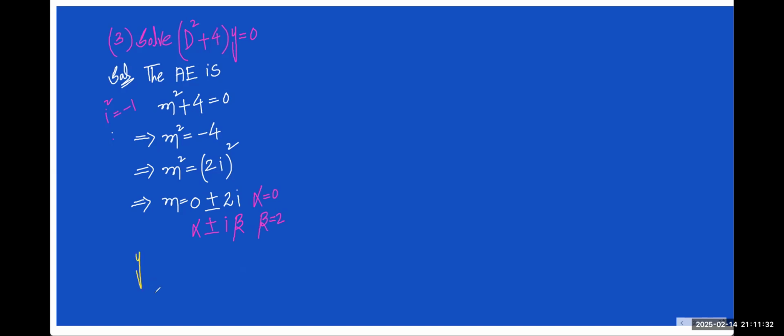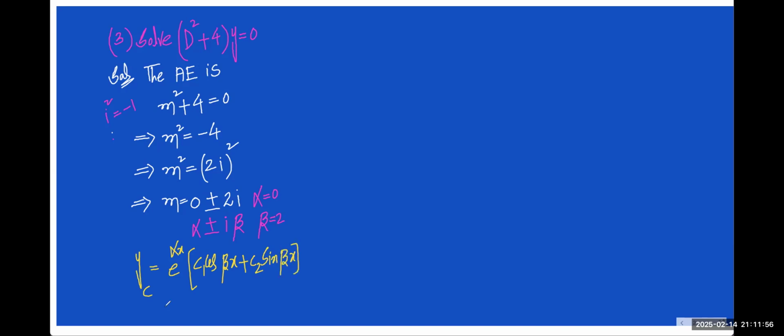Complementary function yc is equal to, when the roots are complex, e power alpha x into c1 cos beta x plus c2 sin beta x.